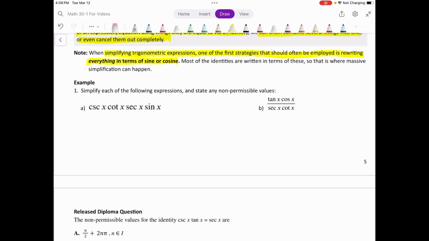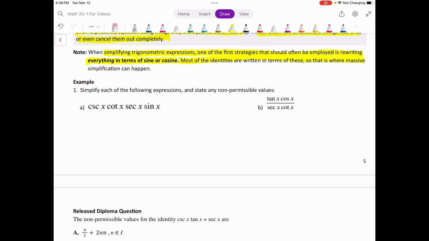The reason is that most of the identities are written in terms of sine or cosine. If we rewrite stuff that's not sine or cosine, that can allow us to see where things could cancel out, so that's where massive simplification can happen.